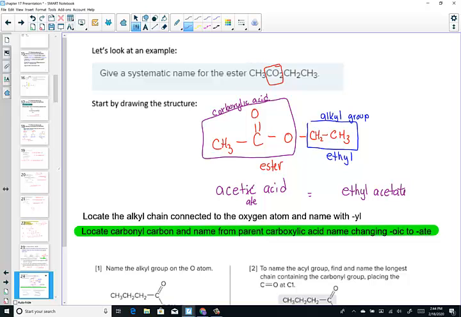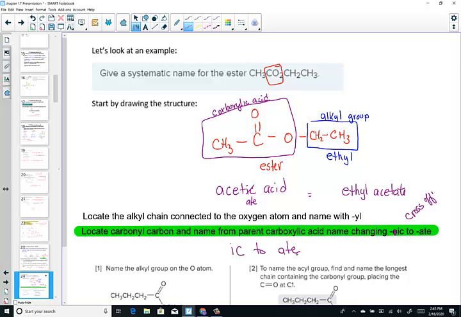I want you to cross this off. That's a mistake. And now what that means is that's not oxygen. It's just cross off the O. The rule should say turn IC to ATE. Not OIC, but just IC to ATE.